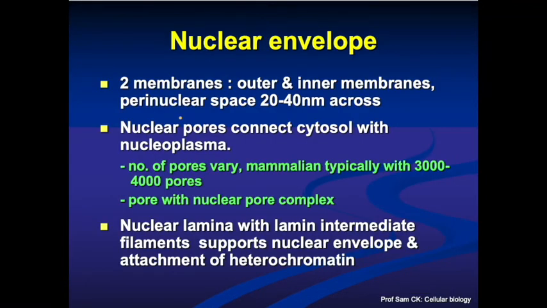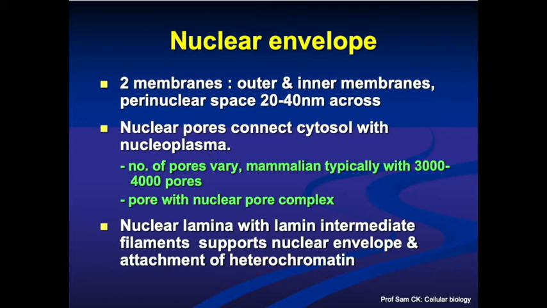On the nuclear envelope, you can see nuclear pores connecting the cytosol with the nucleoplasm inside the nucleus. The number of pores varies; in mammals, there are typically around 3,000 to 4,000 pores.